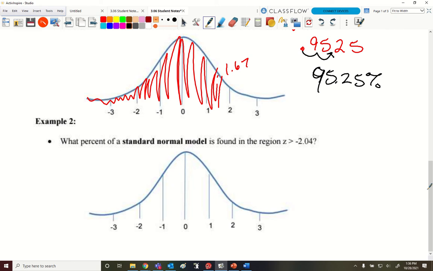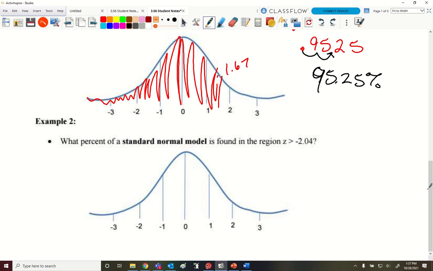Since the curve is here, fill in what we have. All right, let's see what information we have.